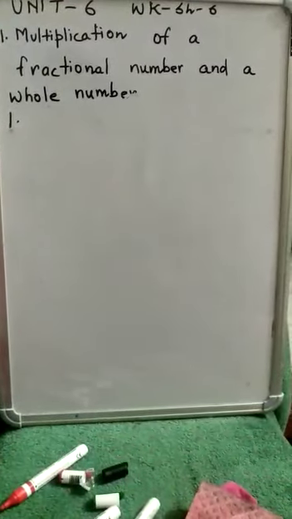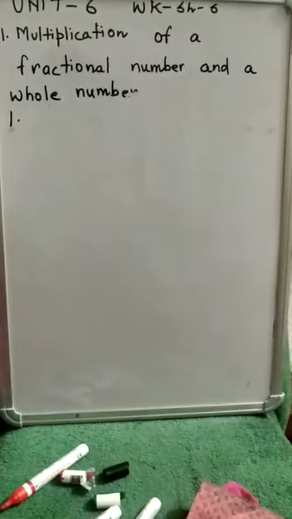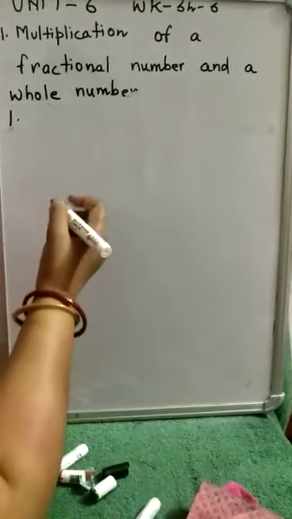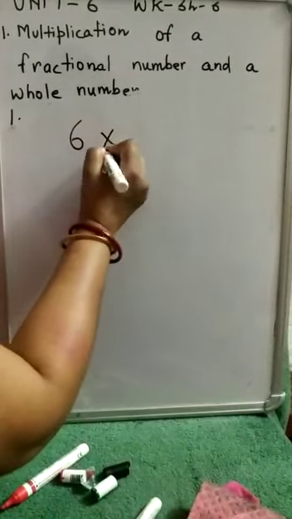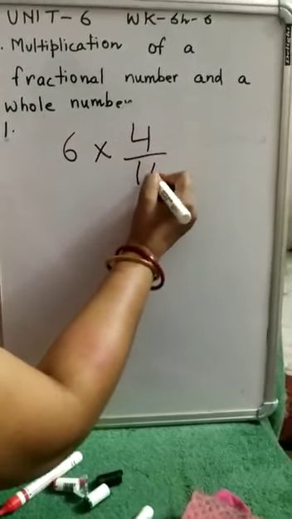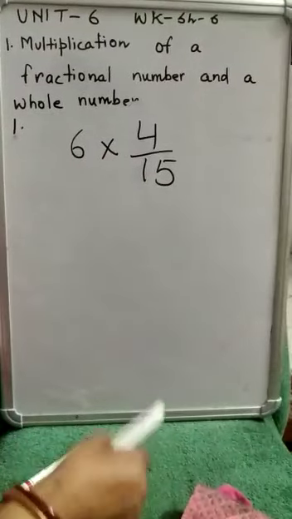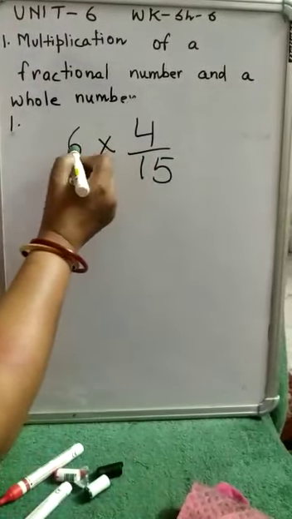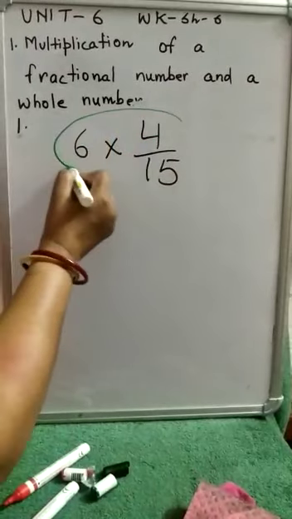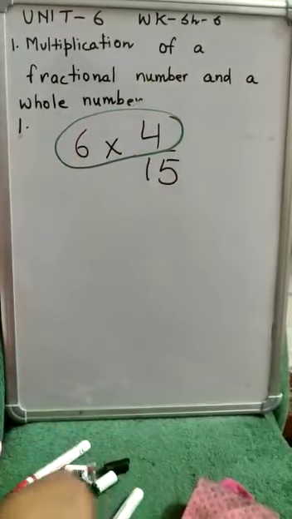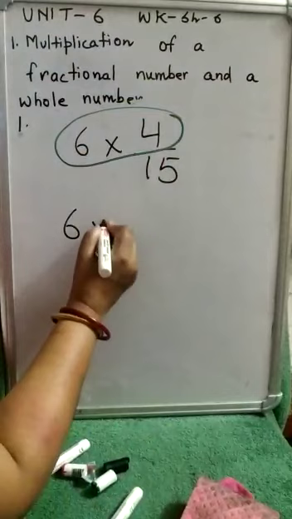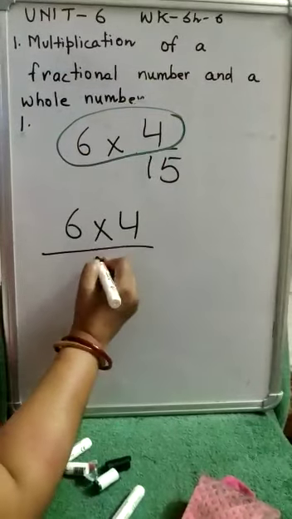Your question is 6 into 4 by 15. All of you say it. 6 into 4 by 15. Here children you will see that we will multiply this whole number with the numerator, right. So 6 into 4 and divided by 15.